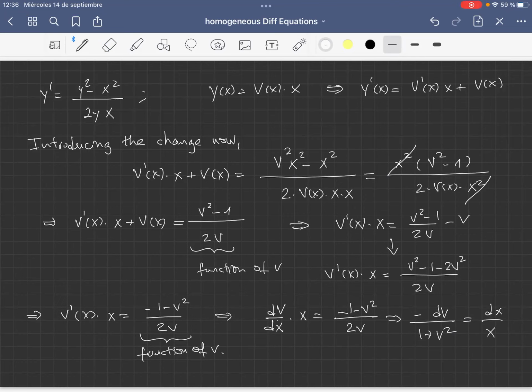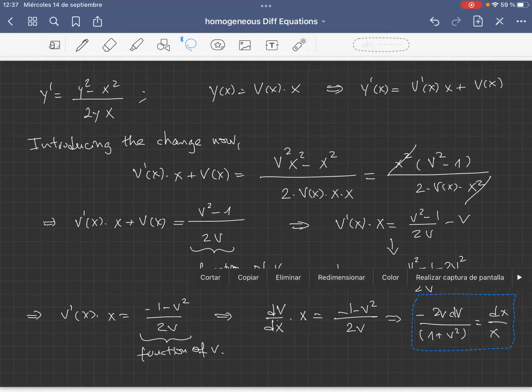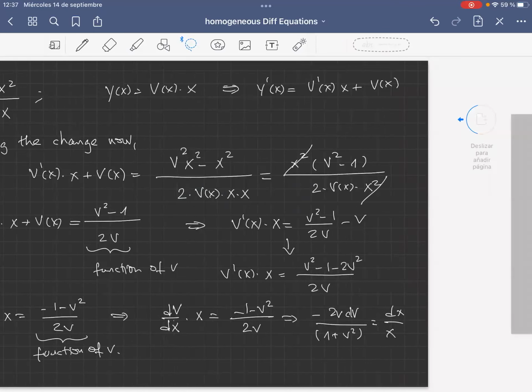So we only have to solve this equation, which is quite simple. Sorry, I forgot to put the 2v. So it's 2v differential of v divided by minus, let's put the minus in there, differential x divided by x. We only have to integrate this equation, which is very simple and very straightforward.